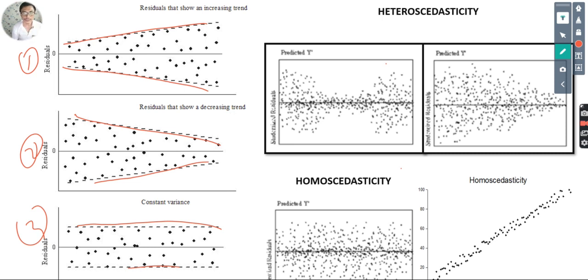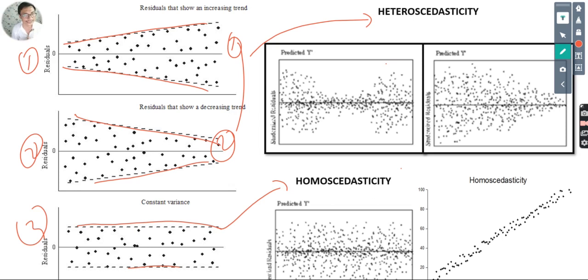These two models, number 1 and number 2, are known as heteroscedasticity. So remember the name, heteroscedasticity, right? And if it is like this, it is called homoscedasticity. Homoscedasticity is the expected one, when the residual plot is homoscedastic.